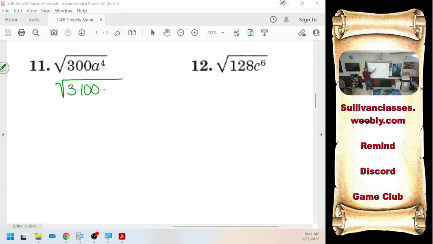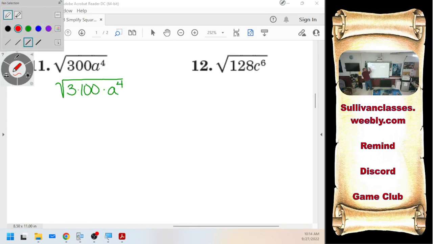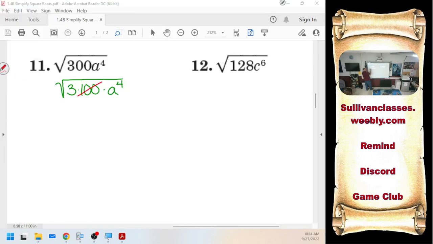You recognize this is even power, so I just write it. Because boy, is it easier to just say 10a squared, like that. But you have to know your perfect squares, you have to know your multiplication facts to do that.